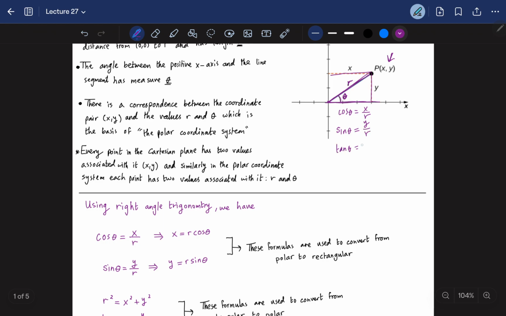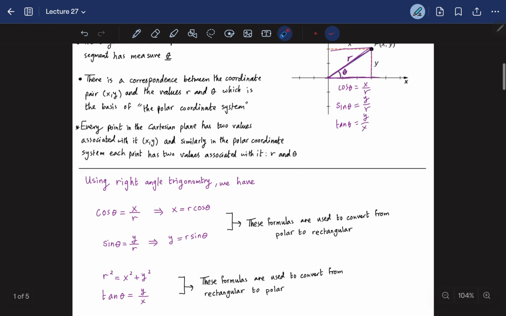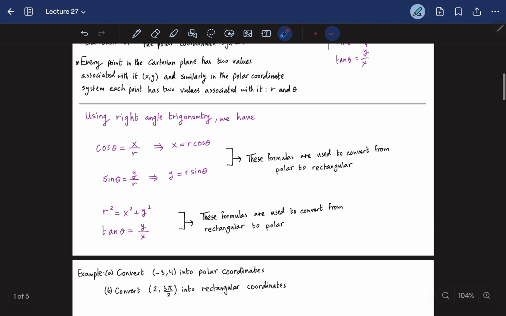Tan of theta, opposite over adjacent, is y over x. Now let's see here. We rewrote, cross multiplied, and we got x to be r cosine theta. And we got y to be r sine of theta. So these two formulas, we're going to use them to convert from polar to rectangular.